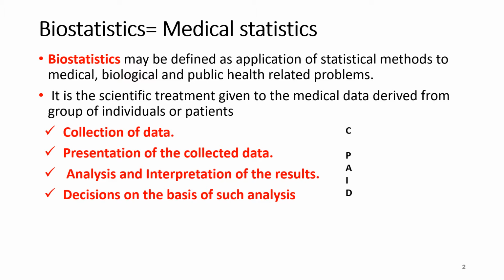C stands for collection of data, P stands for presentation of the collected data, A stands for analysis of the data, I stands for interpretation of the results, and D is the decision made on the basis of such analysis. And these are the basic components that biostatistics looks into.